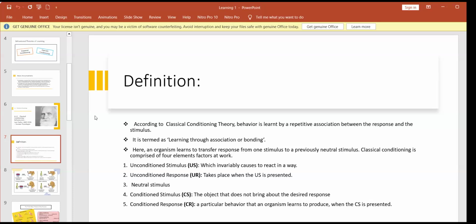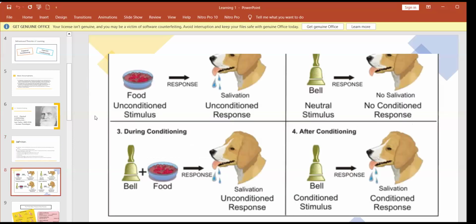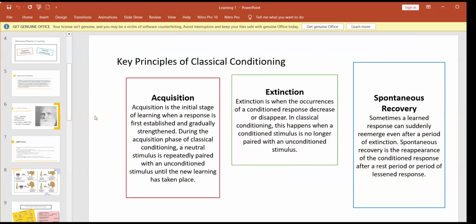Is the dog story clear? Yes, ma'am. Now let's see how this new learning happens as per classical conditioning. You have to look at these acronyms.